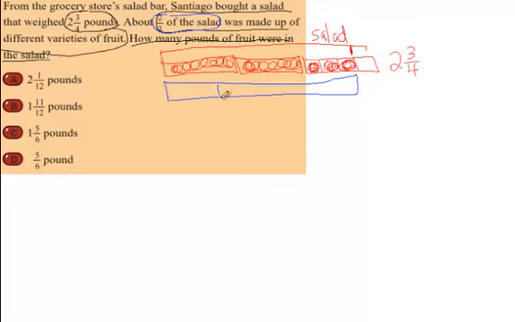Sorry, that was ugly. This is the ugliest thirds I've ever made. They're not even equal, but let's pretend. 2/3 of the salad has fruit in it. So they actually want to know if this is 2 3/4 pounds, how many pounds is this?